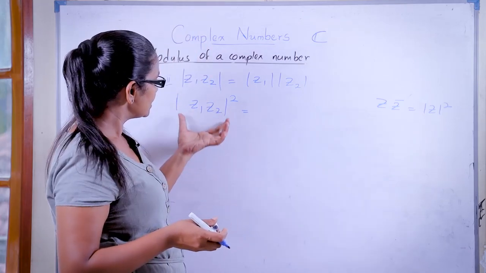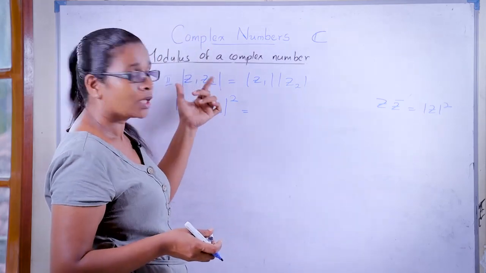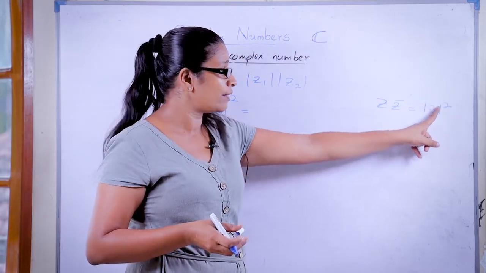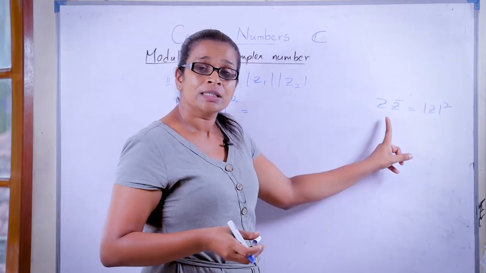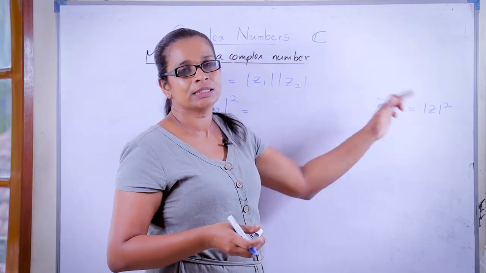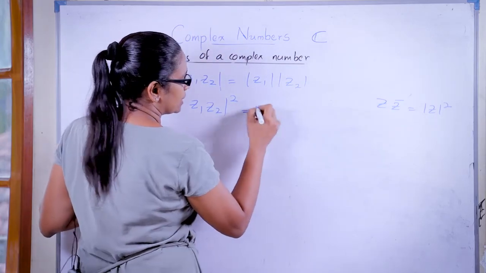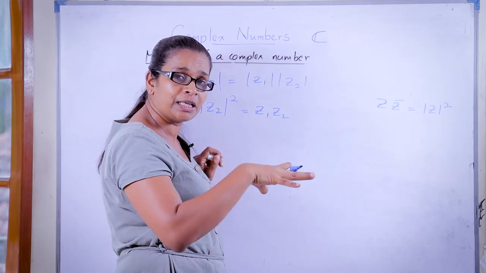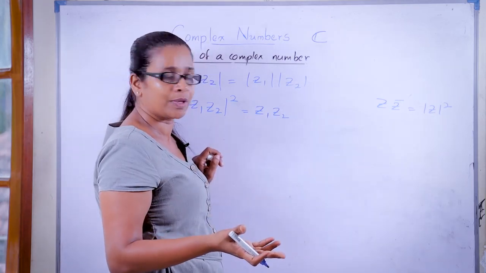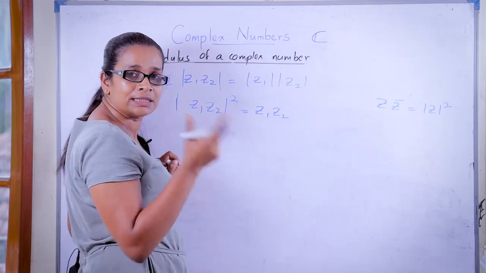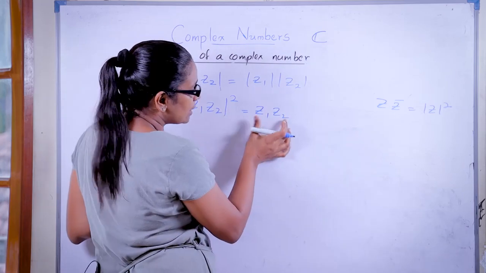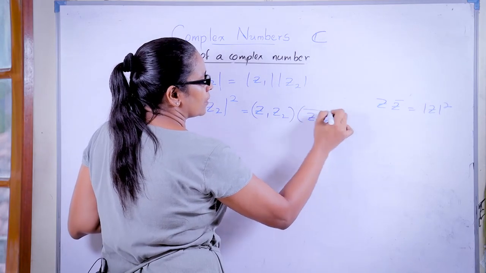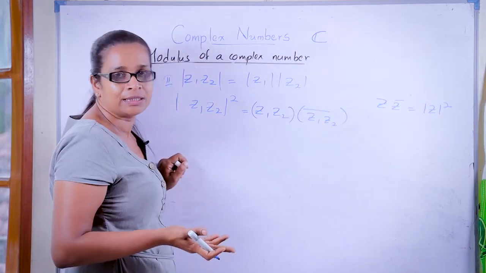Look at here, this is a modulus, so I am going to consider the square of this modulus. I can write this square as the complex number into its conjugate. As you know, the multiplication gives again a complex number, so you can consider this one as a single complex number: the complex number into the conjugate of that complex number.